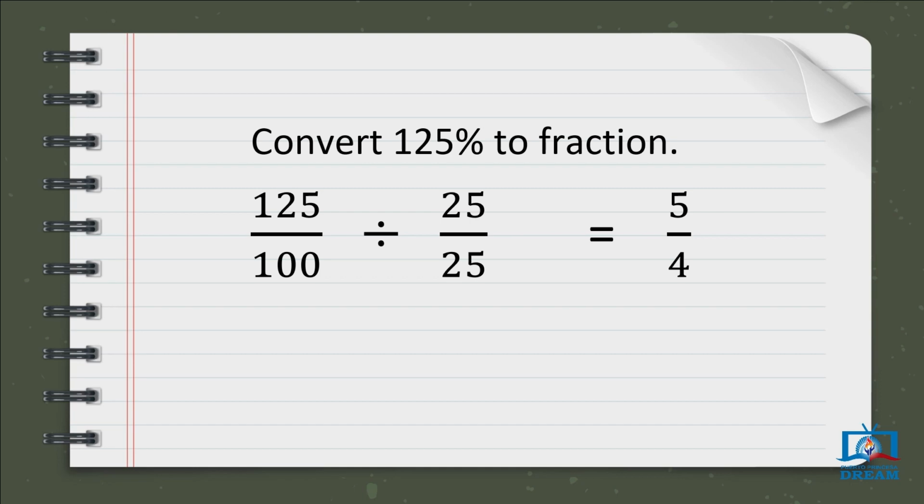So 125 divided by 25 will give us 5, and 100 divided by 25 will give us 4. We now have 5/4 as the new answer. But we are not done yet. We have to convert the improper fraction to mixed fraction. So we get 5/4 is equal to 1 and 1/4.